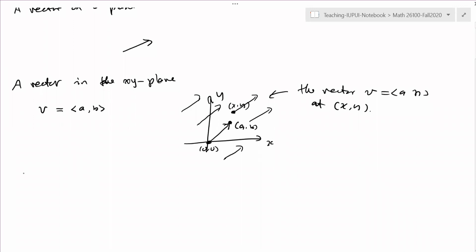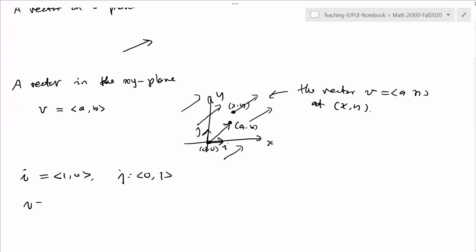We have the standard vectors i and j. i is the vector (1, 0) and j is (0, 1). These are two special vectors. In standard position, this is i and that's j.